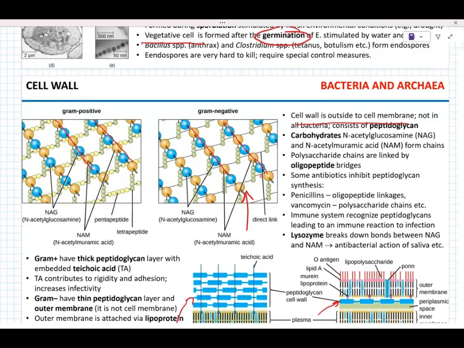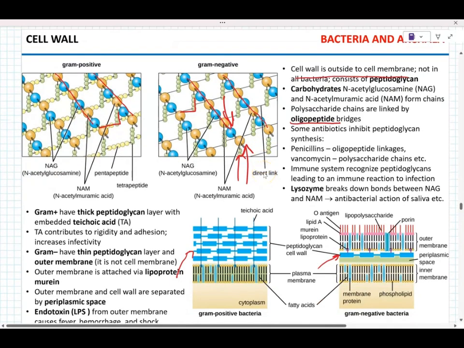And these glycan chains are connected by peptide bridges. Remember, peptides consist of amino acids. This is why we call this structure peptidoglycan. Peptido and glycan.